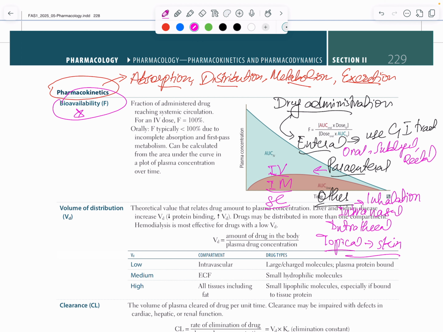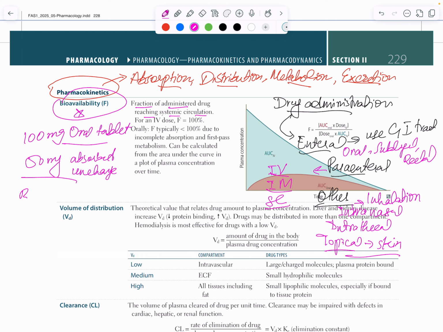Secondly, bioavailability is the fraction of the administered drug reaching systemic circulation. Suppose we are taking a 100 mg tablet, and from that 50 mg is absorbed and remains unchanged.